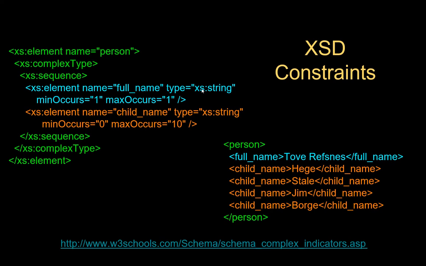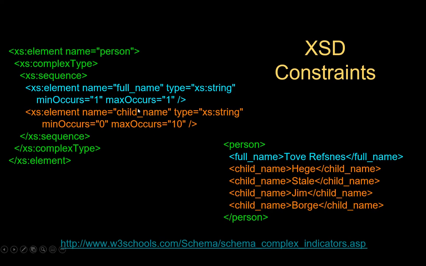So the XSD can impose some constraints. For example, here we have our complex type person, and in the sequence we have the element name, which is going to be a string, and we have something which is called min occur. So we should have at least one first name. That's one of the constraints that we have here.